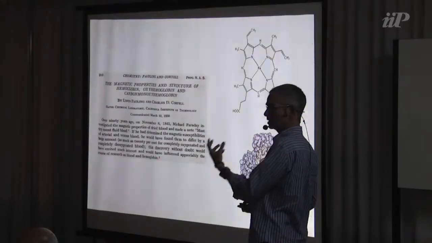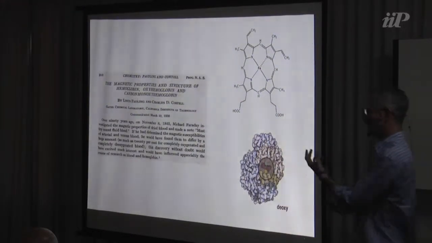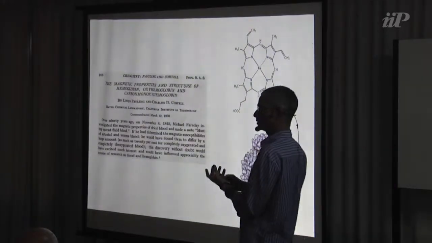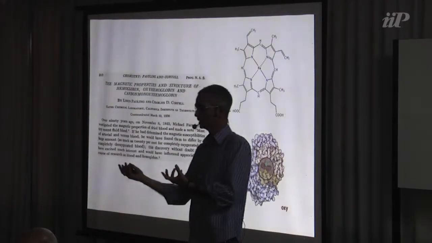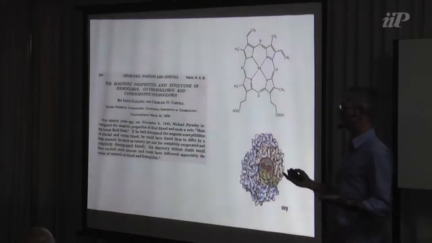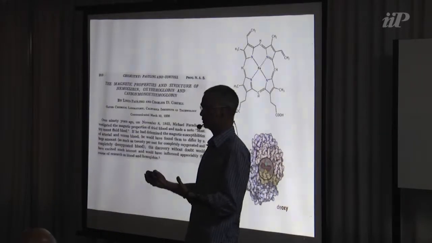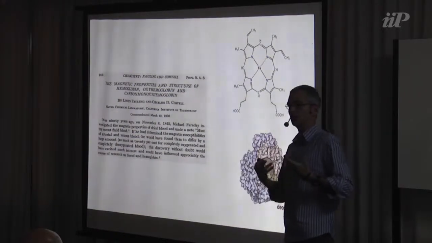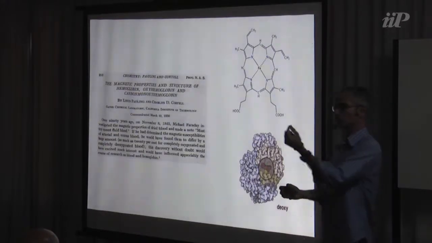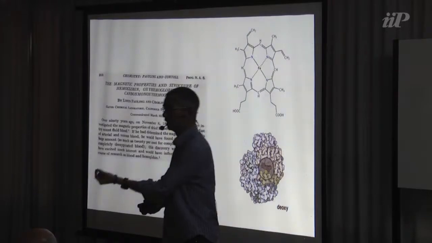So oxyhemoglobin, which is diamagnetic, distorts the magnetic field around it less as compared to deoxyhemoglobin, which is paramagnetic. And what happens once you have the change in blood flow that follows the neuronal activity? You have an increase in blood flow close to the sites where you have an increase in the electrical activity of the neurons.